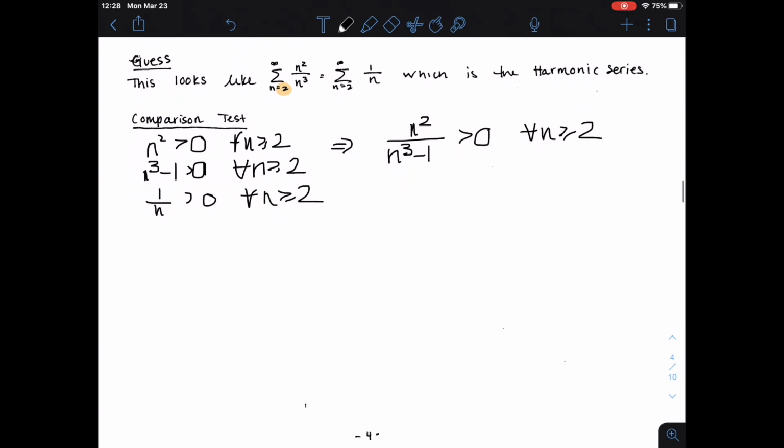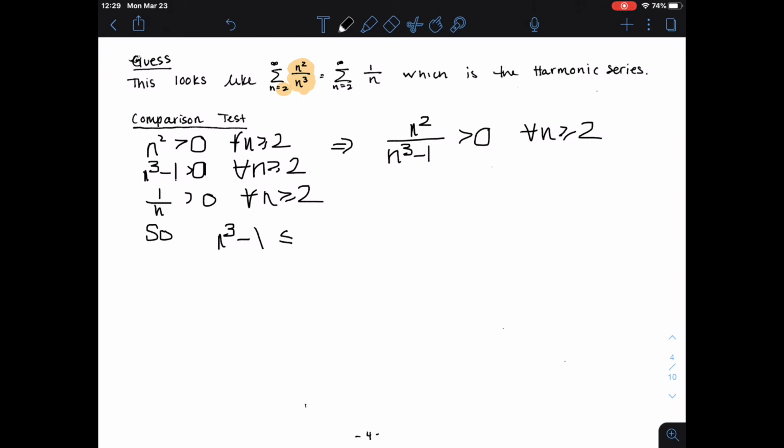So the next thing we need to do is we're comparing this to something that's divergent. Our terms better be bigger. So when you sum up the smaller terms, it still blows up, which means the bigger terms also have to blow up. So we need to look at a comparison between these two. So n cubed minus 1 is, again, I'm going to use this unsimplified version for the comparison.